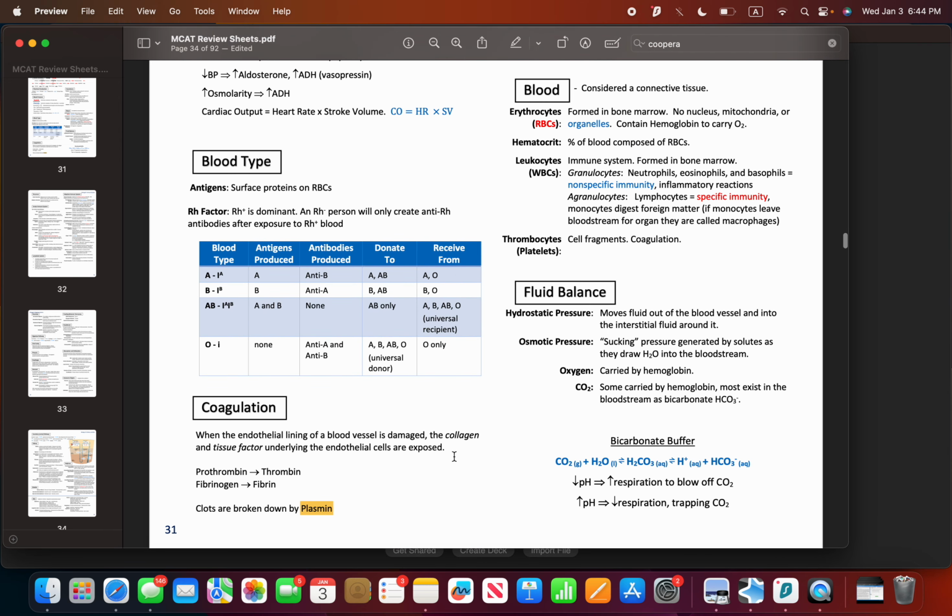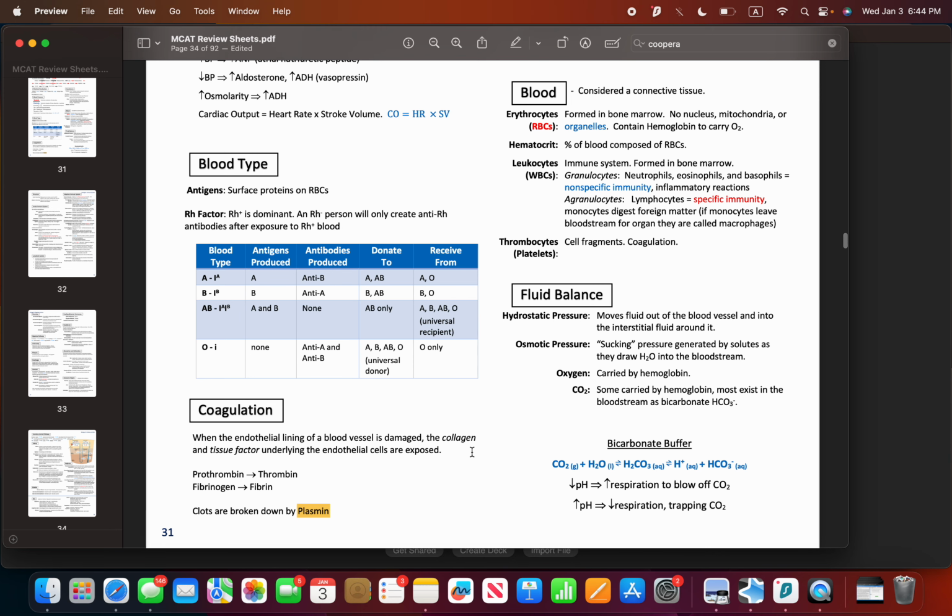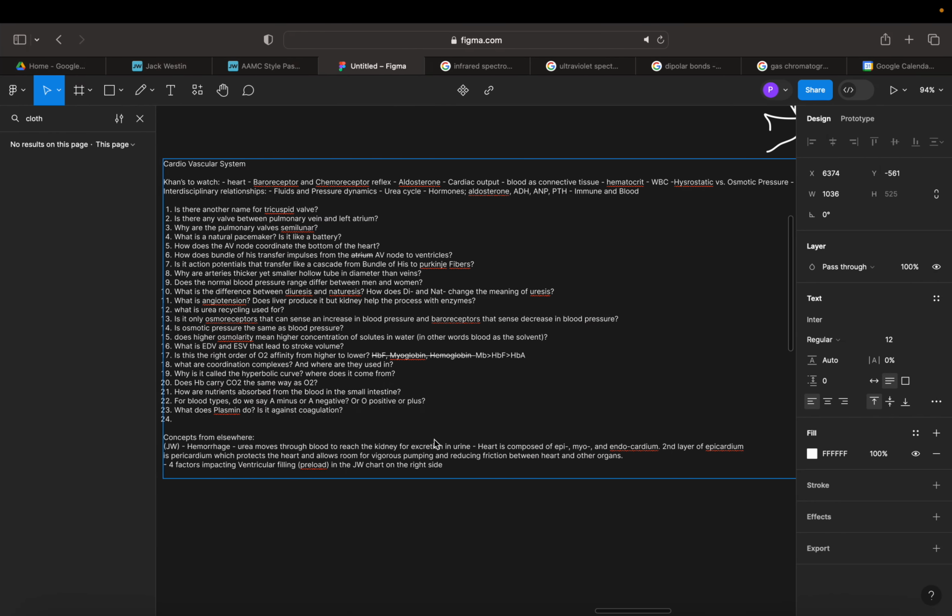We also figure out that under the endothelial lining, there's the collagen and tissue factors.